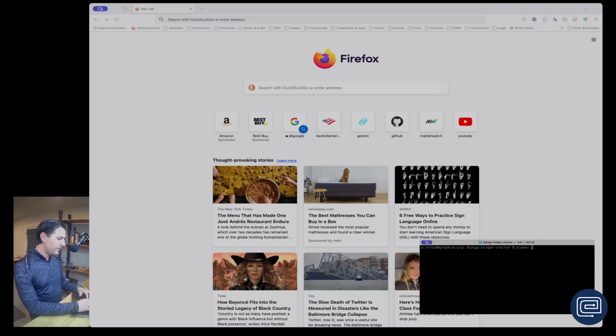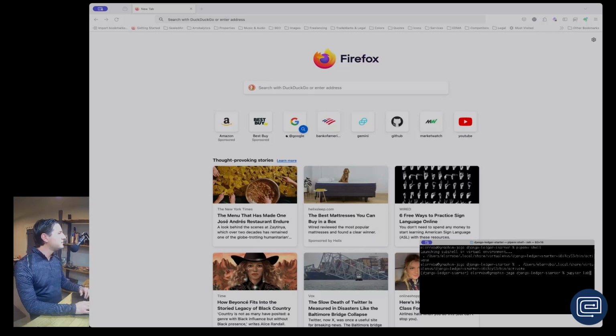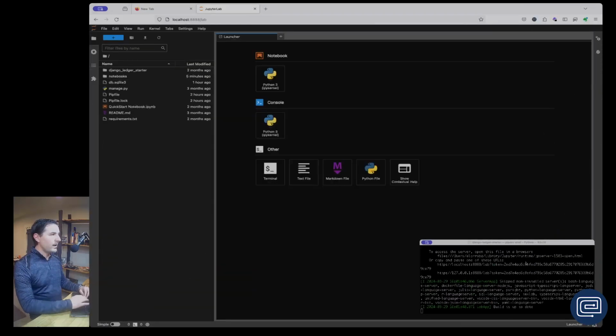We execute pipenv shell to enter our development environment. And now we execute Jupyter Lab. All right, if everything went well, now you should be able to see your Jupyter Lab IDE.